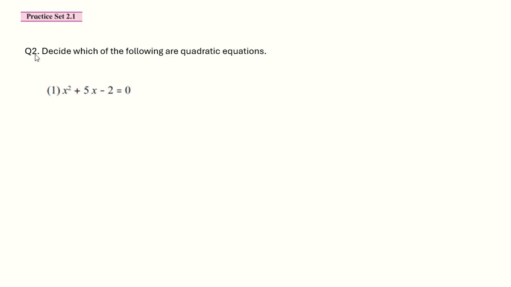So the second question is from practice set 2.1. Decide which of the following are quadratic equations. The first question given is x square plus 5x minus 2 equal to 0. This is given in the question.